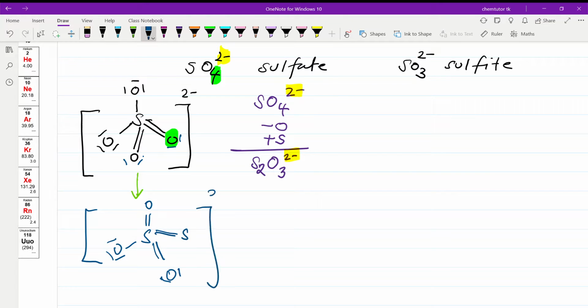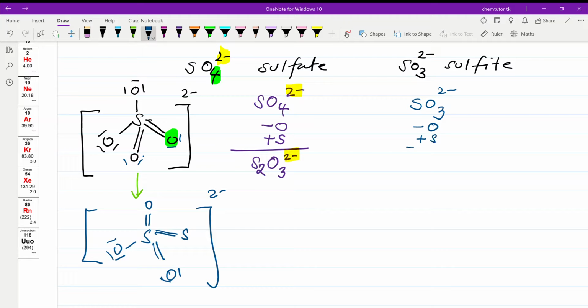Likewise, you can interchange the sulfur for naming purposes only. Sometimes these compounds do not exist, but still in grade 11 chemistry, they expect you to derive the name from the parent name. The parent name here is sulfate or sulfite.